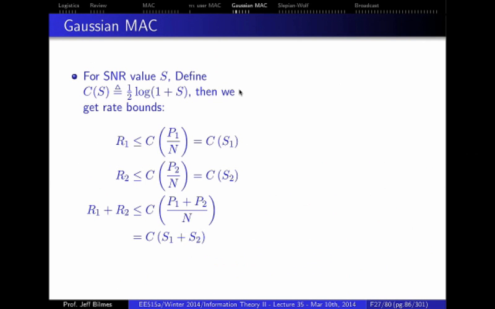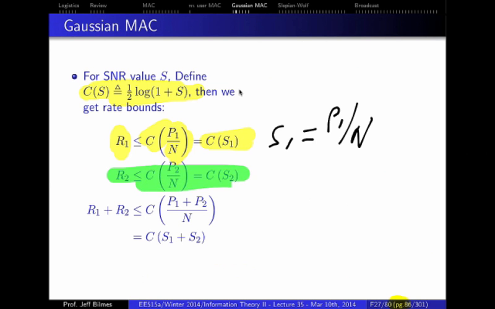Okay, so let's say that we have signal to noise ratio value s, and let's define this function C. This is the Gaussian capacity function. It's 1/2 of log of 1 plus s. Then we get the following rate bounds. Rate 1 is less than or equal to the capacity with this signal to noise ratio, P1 over N, which we're just going to say is C of S1, where S1 is equal to P1 over N. And similarly, we have this bound for R2.